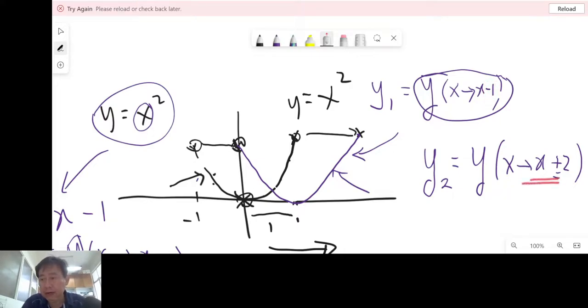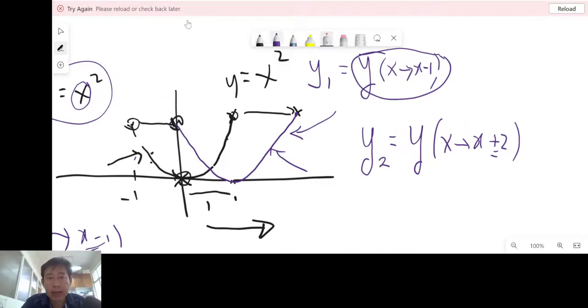This effectively means you are shifting the graph of y to the left by 2 units. And the expression of y that you would obtain by replacing x with x plus 2 is x plus 2, squared.